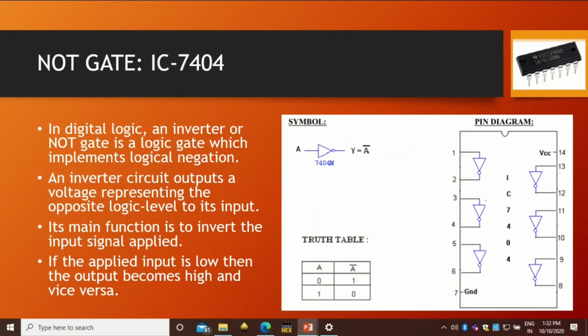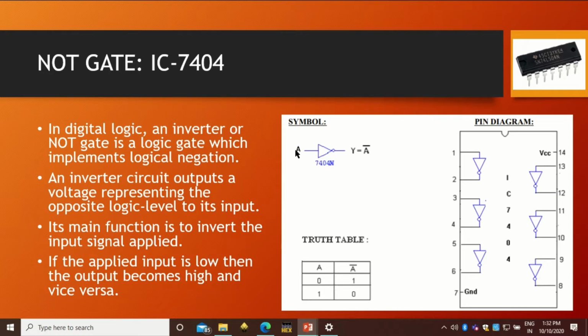The next gate is the NOT gate, and the IC number used for the NOT gate is IC 7404. The NOT gate is also a basic digital logic gate, which implements logical negation. That means whatever input we provide, it inverts that input, and that's why the formula here is Y equals A bar.